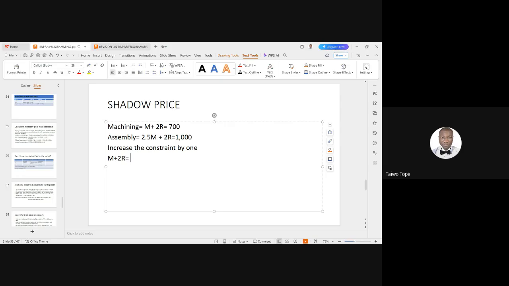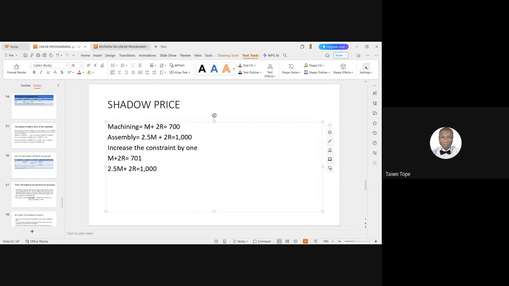We want to increase the first constraint, machining, by 1. So M plus 2R equals 701. The second equation remains the same: 2.5M plus 2R equals 1,000. We'll treat the first equation first.